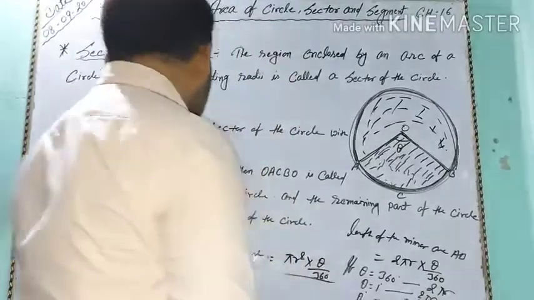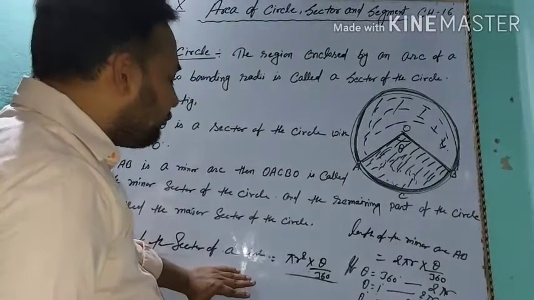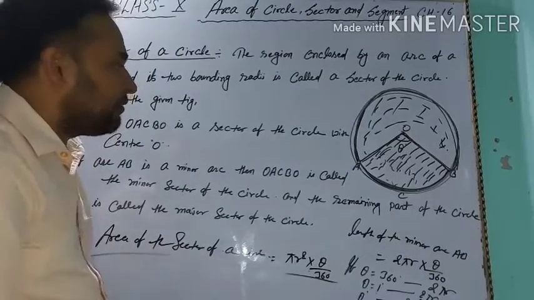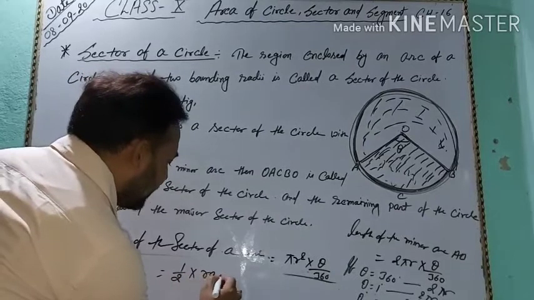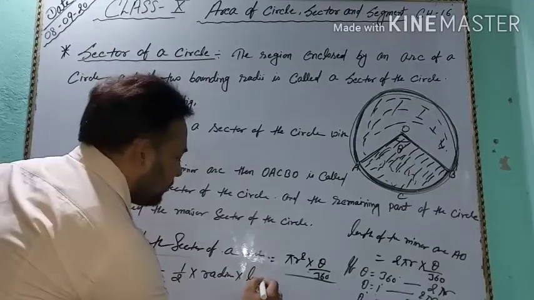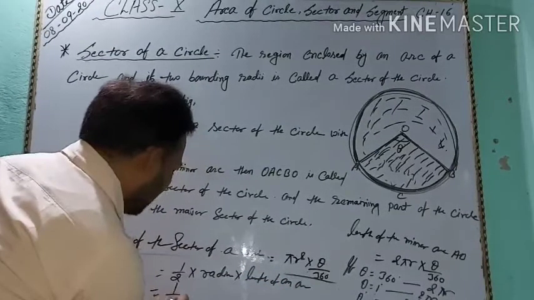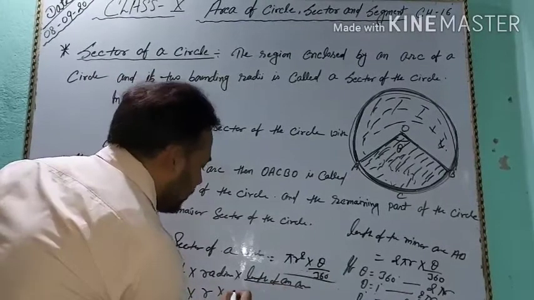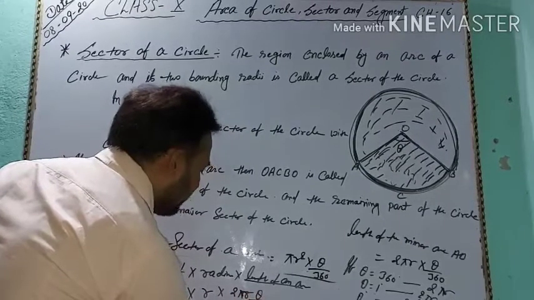Okay. For students, the area of the sector of a circle is also given by a second formula. Area of the sector of the circle is 1/2 multiplied by radius multiplied by length of arc. So students, we write 1/2, radius is r, and length of arc is 2 pi r theta by 360 degrees.